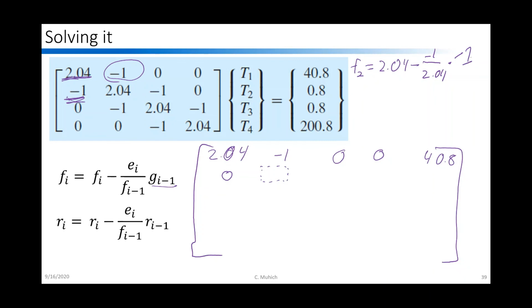And that's going to give us what's going to go into that dotted box. In this case, when I do out the math, that ends up being 1.59. So I can put that in here, 1.59.